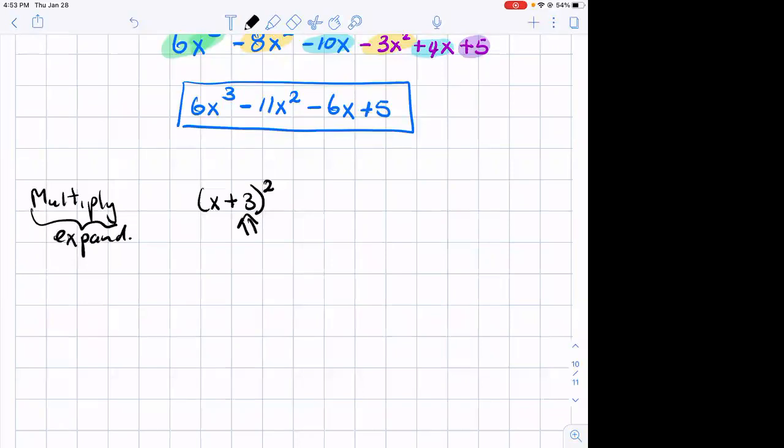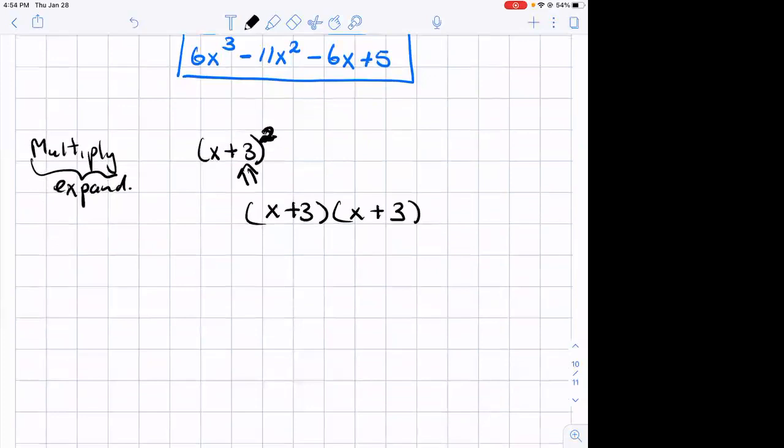So keep in mind, what does this mean? This means write that parentheses twice, because of the square here. So it's x plus 3 times x plus 3. And now you can FOIL this out, because we now know how to FOIL. X times x becomes x squared.